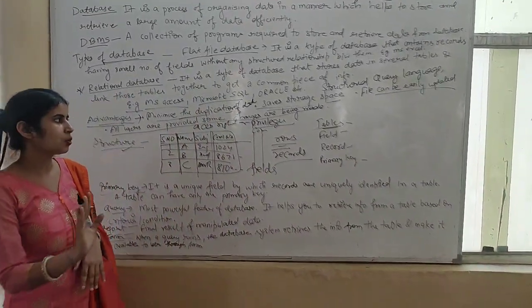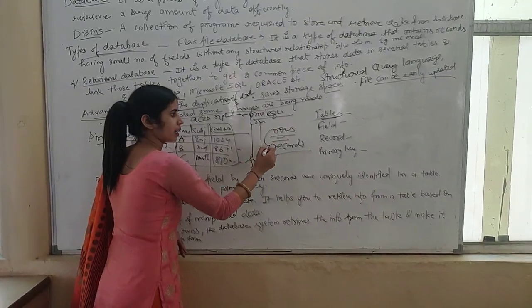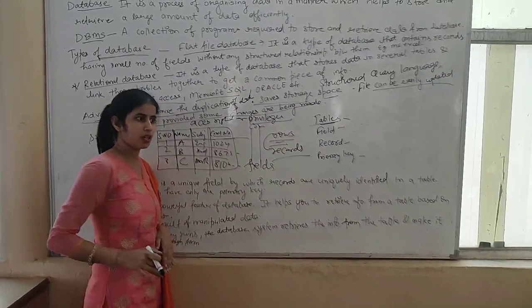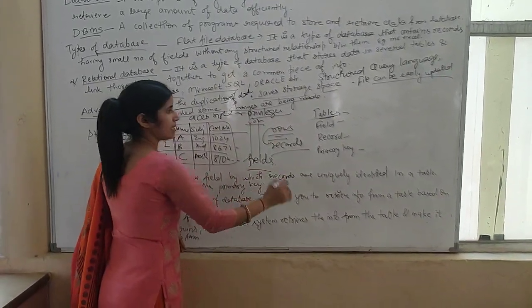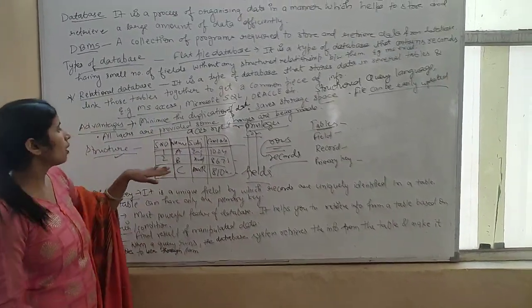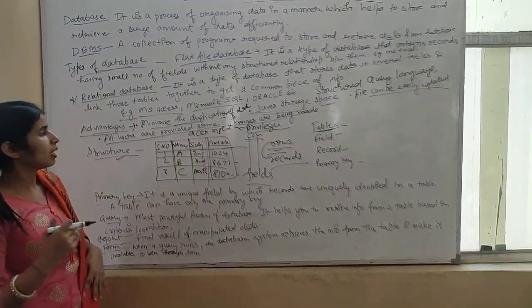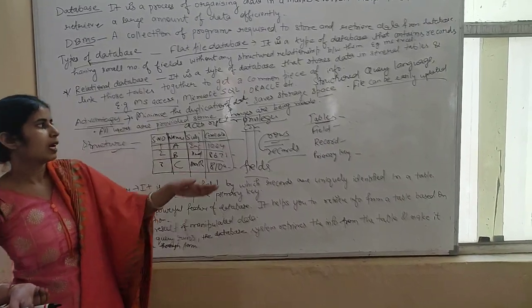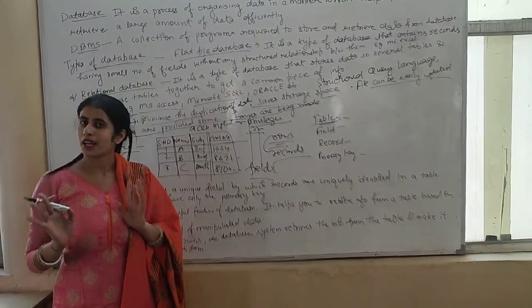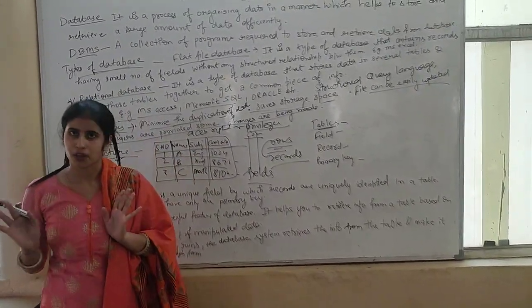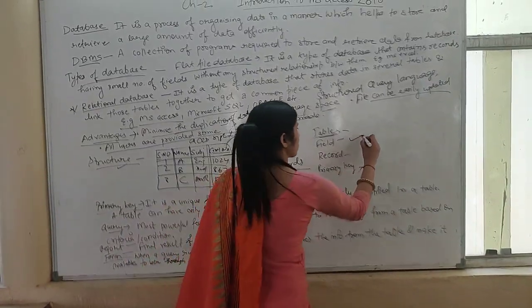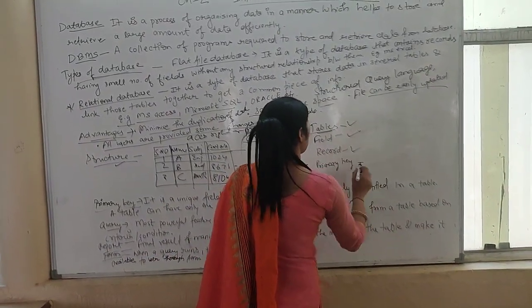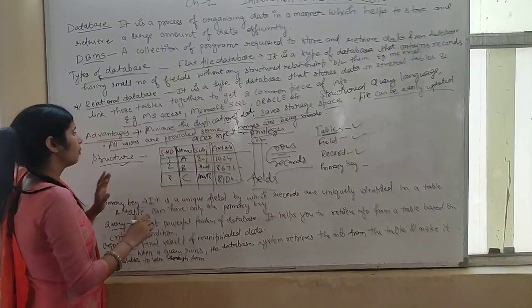To remember it, you can relate it this way: RR, rows, records, and column is known as field. So you can also define a table: a table is a collection of fields and records. So this is field, this is record, this is table.